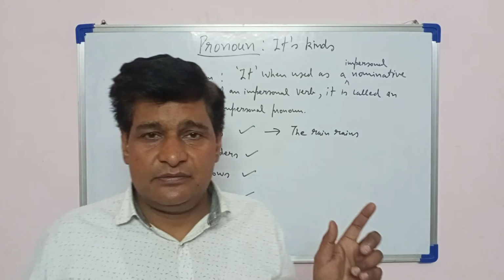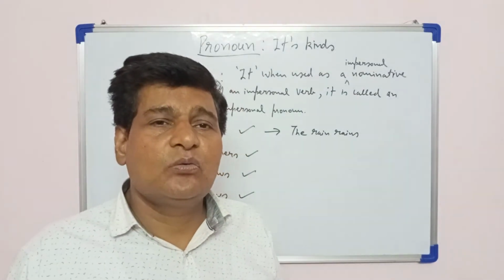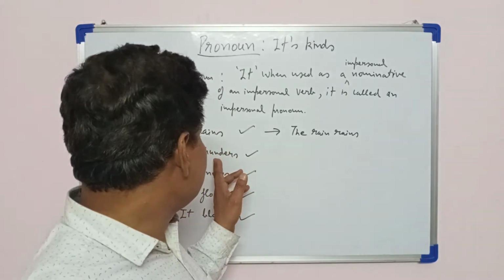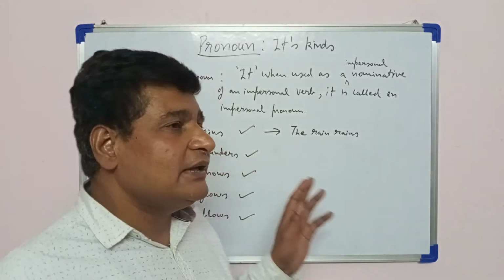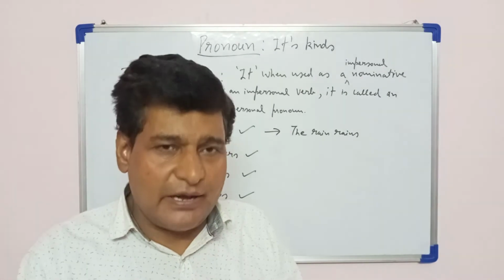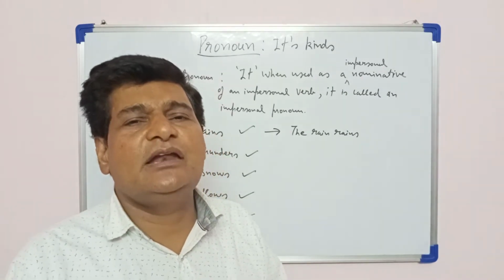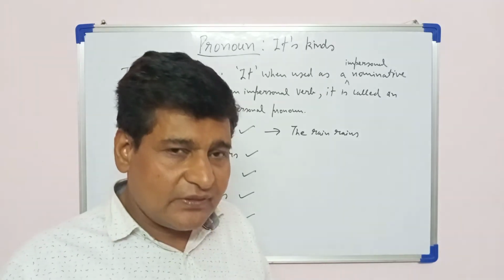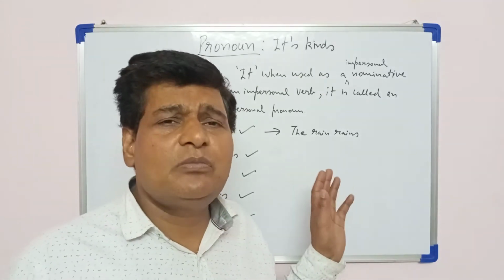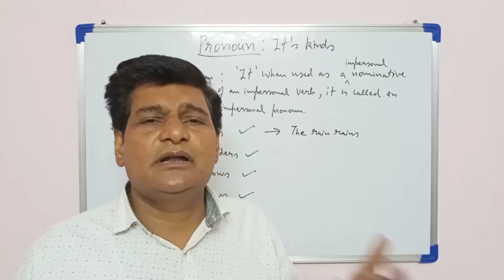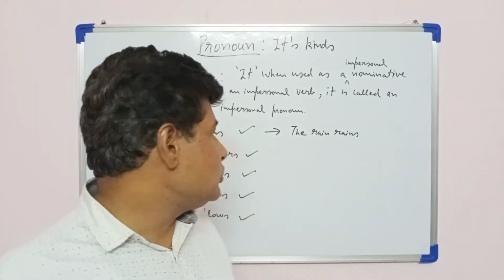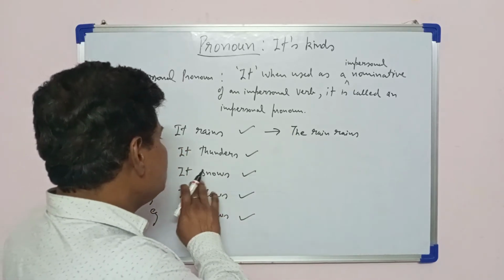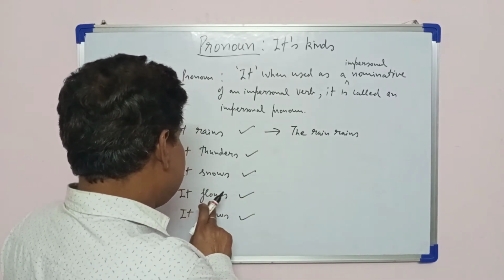Similarly, it thunders. So what is thundering? The thunder is an action that is done by the clouds. Thundering is a type of noise. It is made by the clouds, and any type of noise is generally created by the cloud, but it can be created by some other natural objects also. So here it means the thunder thunders, the snow snows, and here flows.